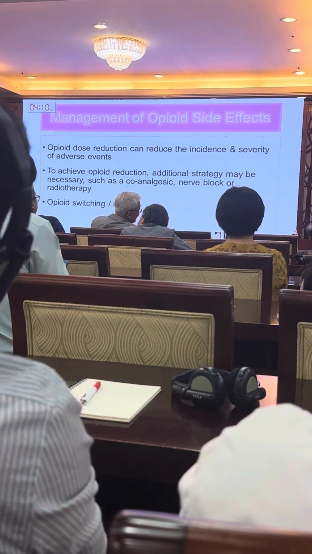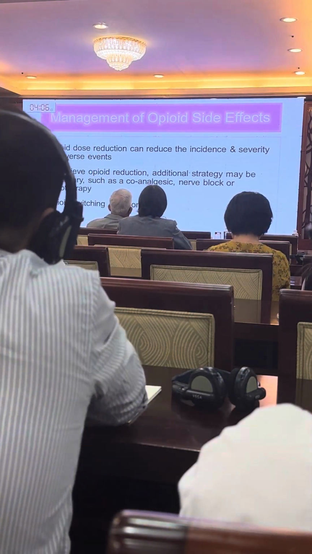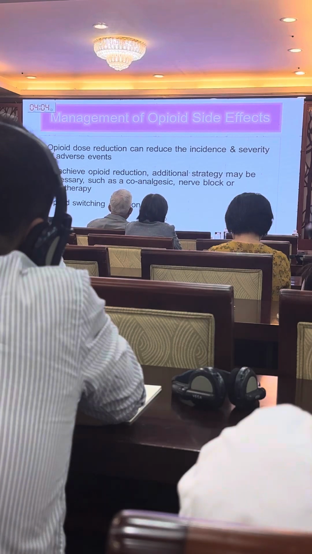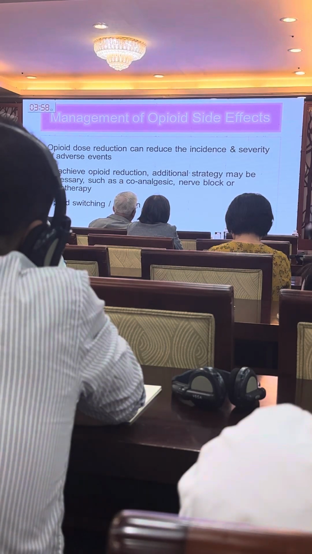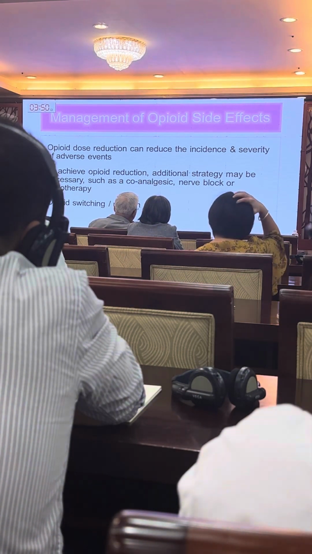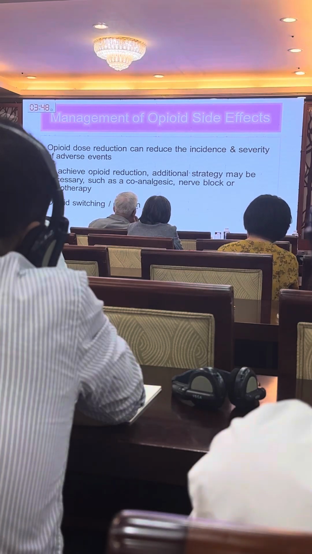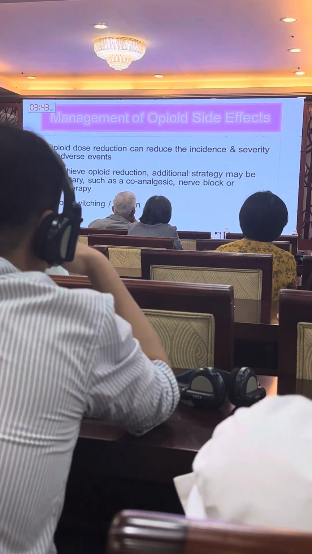So in some cases, you might have to add another analgesic as well to maintain the pain control for the patient, or you may need an intervention like a peripheral nerve block or neuraxial block. And if you cannot control the side effects, you might have to do opioid switching or opioid rotation. It means you have to switch from one opioid to another opioid.